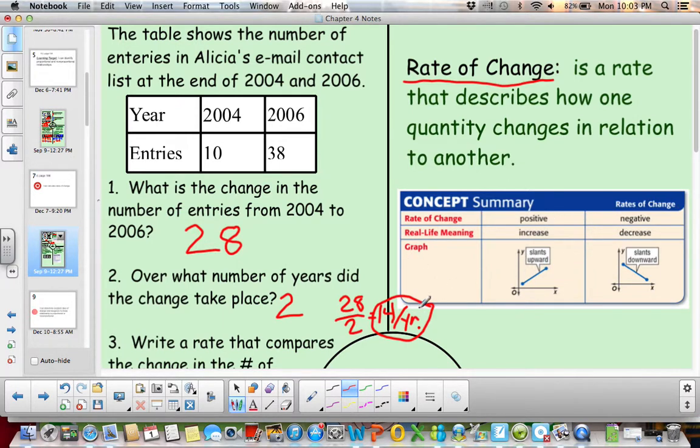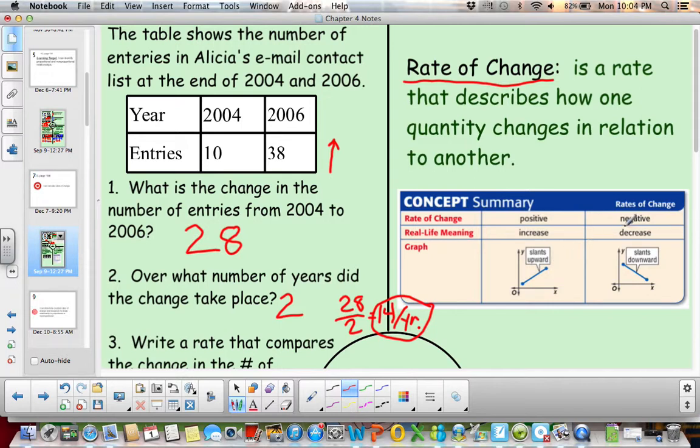And this is something important to remember. If our rate of change is positive, which this 14 is, that means it's increasing, which we can see, 10 to 38 is going up. And our graph, if we were to graph it, which we will eventually be working with, is going to be going up or slanting upwards.